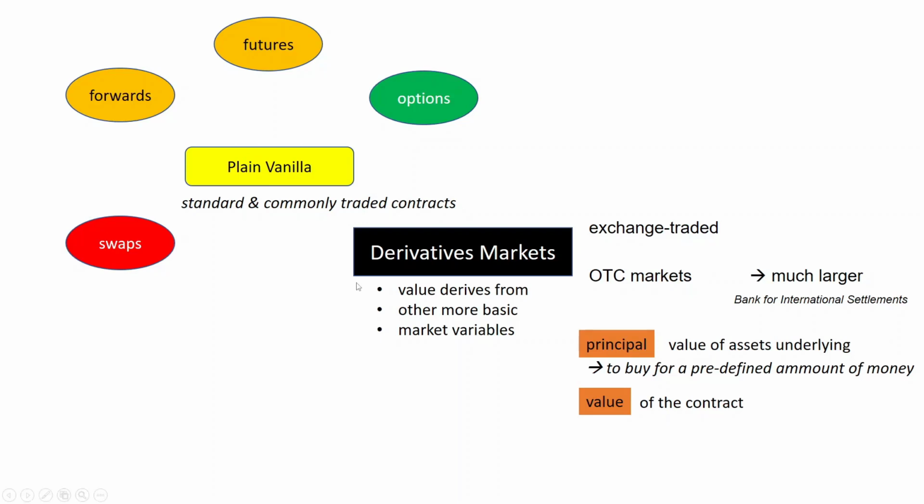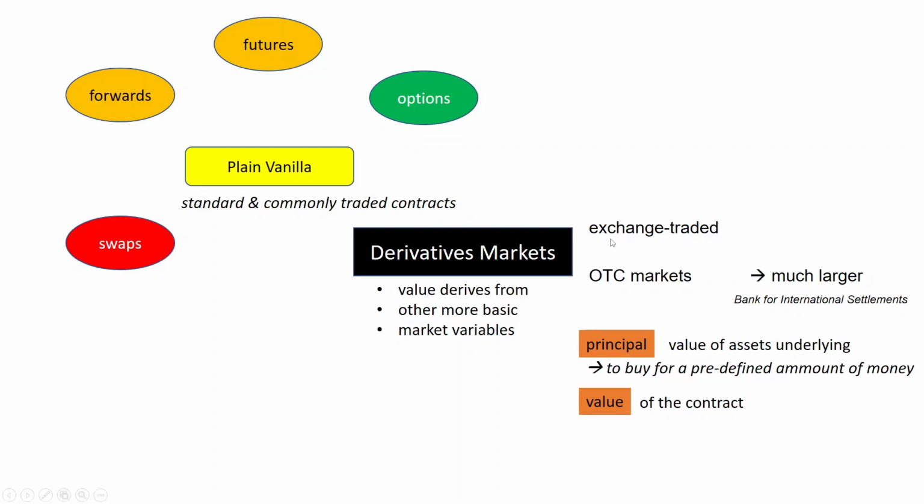So why is it called derivatives? Obviously because the value of the contract derives from another more basic market variable. So it follows the price of some other asset, or underlying asset. Yeah, that's the right term.